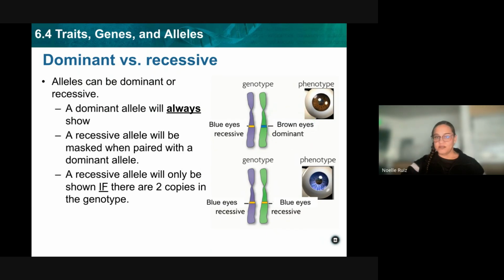They are stronger. And the blue-eyed allele is actually weaker. That's why it's less common. So if a person with brown eyes has a child with a blue-eyed person, that brown eye will dominate the blue. And that child will have brown eyes.